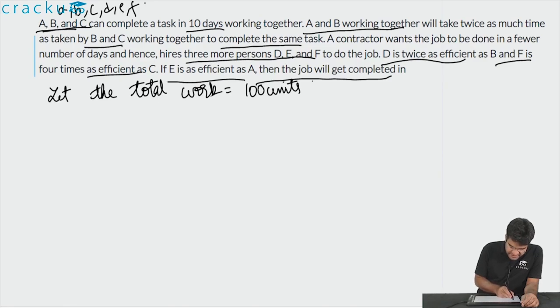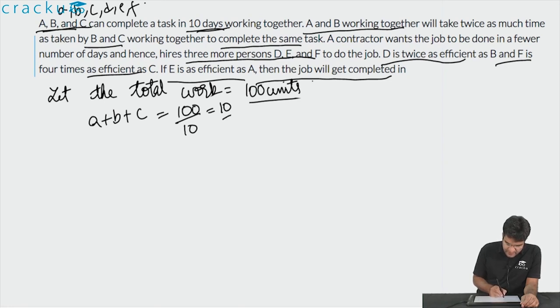A, B and C, when they are working together, can complete the job in 10 days. So the number of units of work done by A plus B plus C in 1 day is equal to total work that is needed, that is 100 units, by the total number of days that they take, which is 10. So A plus B plus C is equal to 10 units. So the 3 of them do 10 units of work every day.